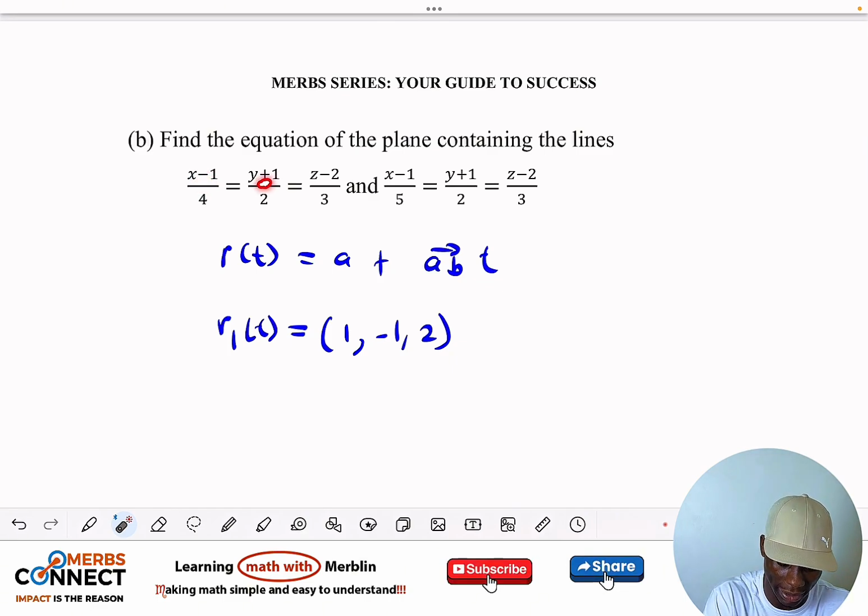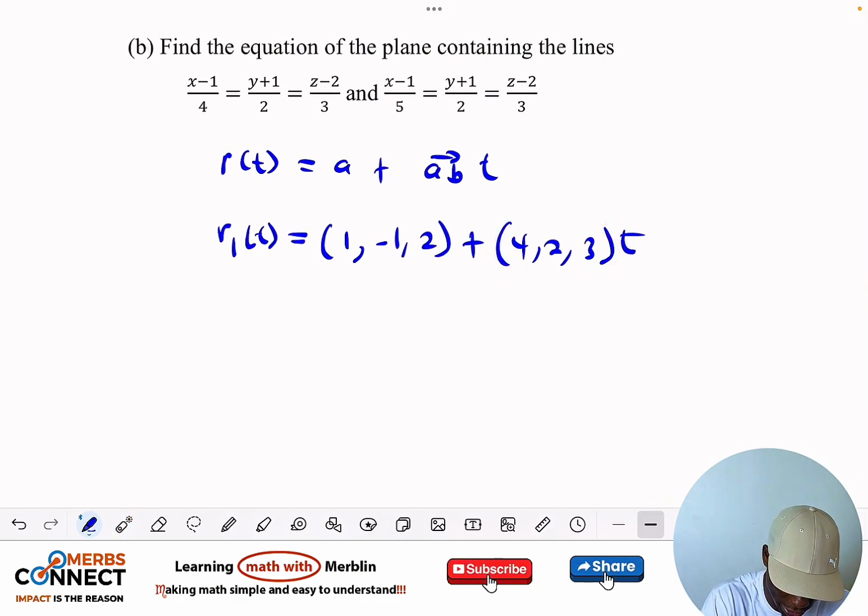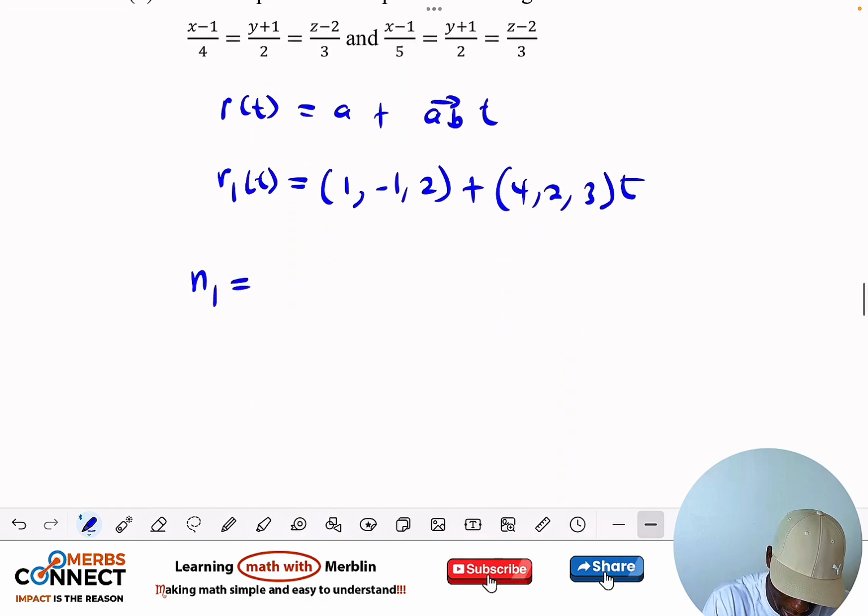That's why we are having plus there. Then plus, this will be my directional vector, that is vector AB. So this one is going to be 4, 2, 3, t. So this is my directional vector. Let me call it AB, or let me call it N1. So this gives us 4i plus 2j plus 3k.